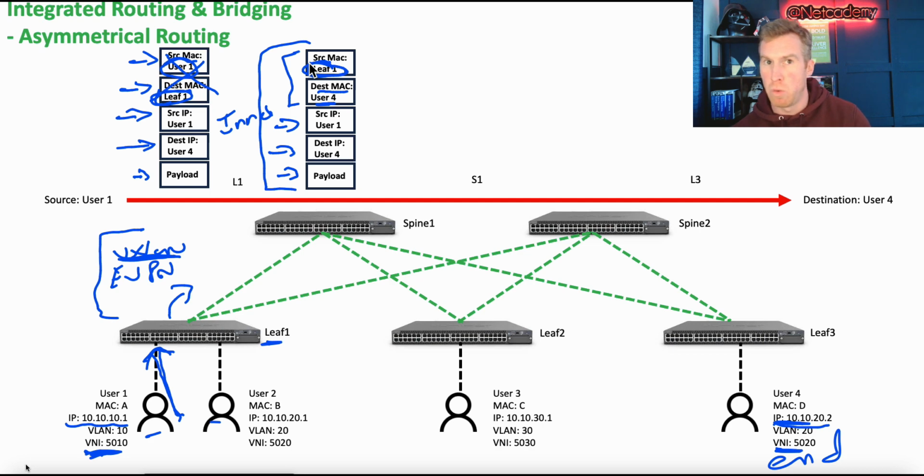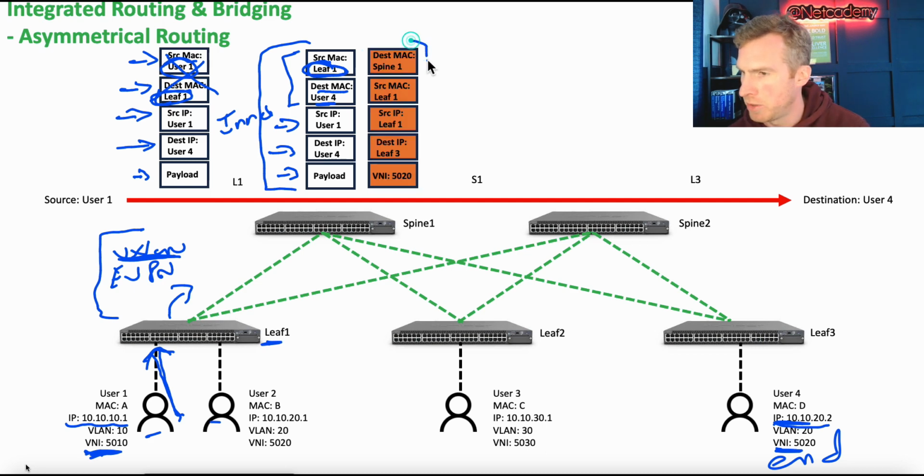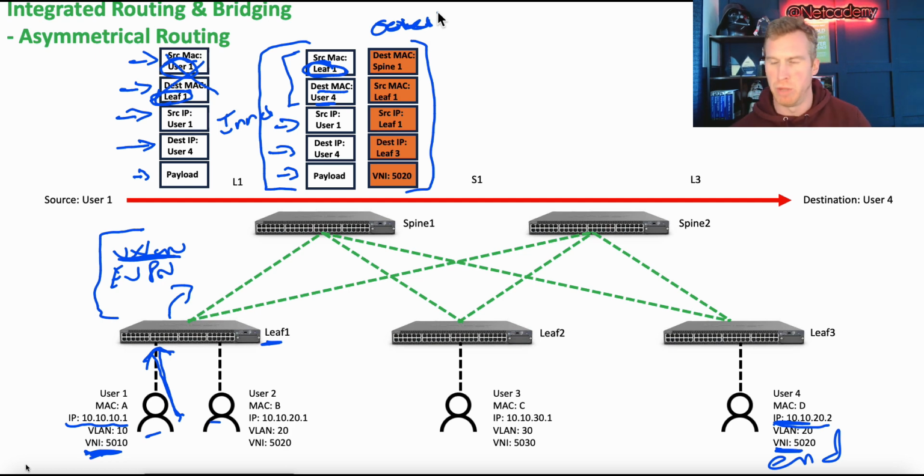So think of where this tunnel is coming from. So it's from leaf 1. And where's it actually going to? What's the final destination? And now we've got all the outer header here. So this is actually the outer header you will get with the asymmetrical routing model in the EVPN world. So now we've got VNI 5020, because the destination user 4 with MAC address D is in VNI 5020.